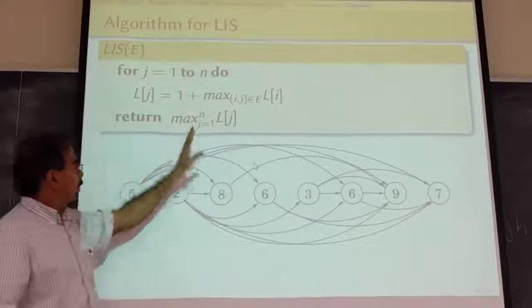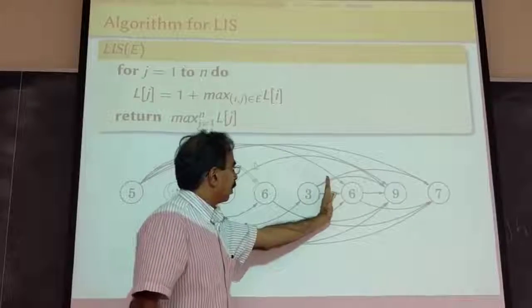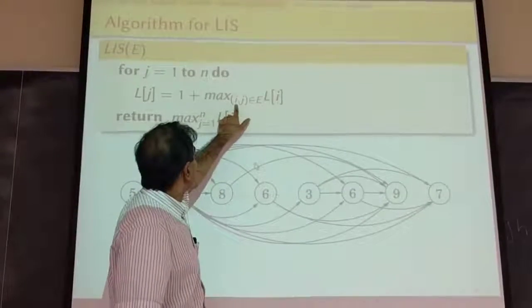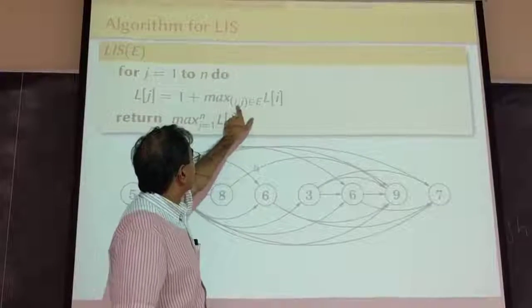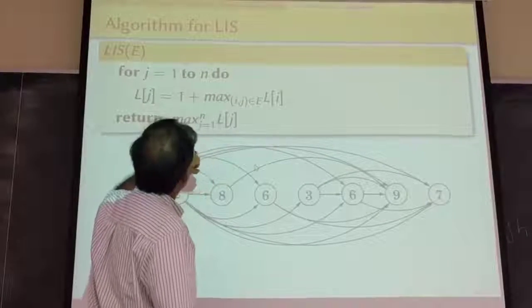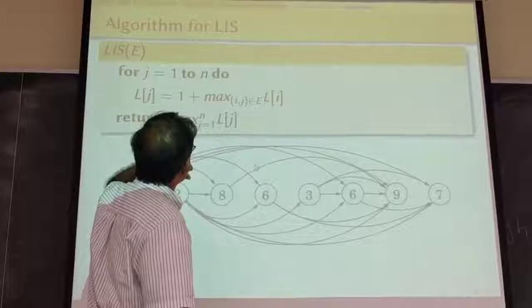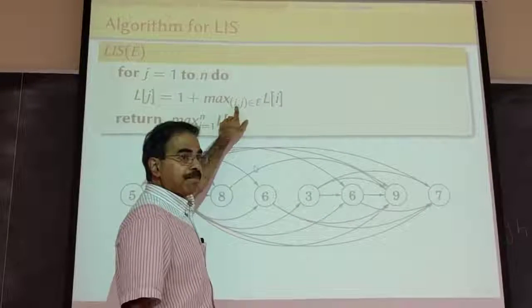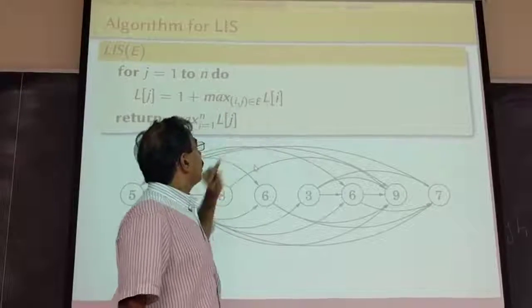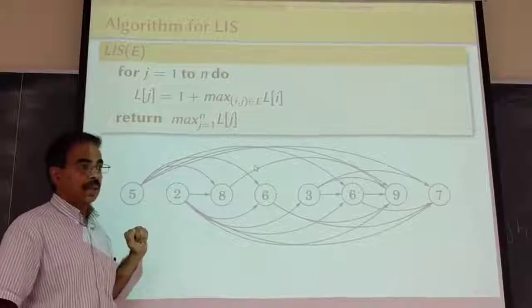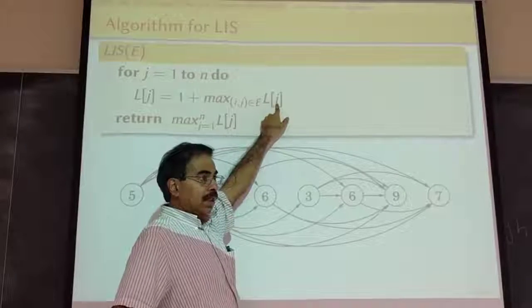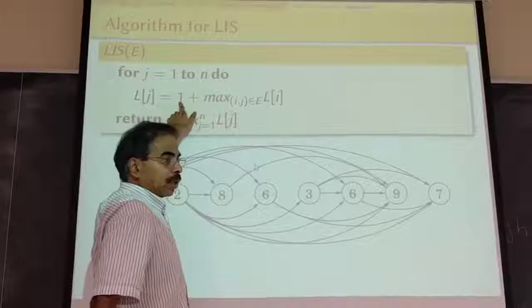And then what we do is, when you are at a particular j, you look at its predecessors, right? (i, j) belongs to E means i is the predecessor of j, right? And then we take the length of the longest increasing sequence up to i, and then we add 1 to that, right?